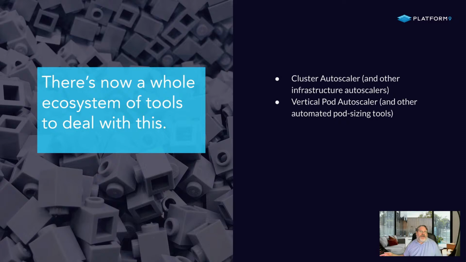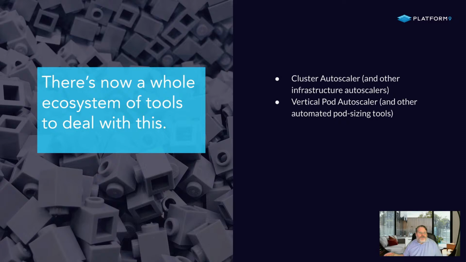I do know that there is some sort of integration within Azure to allow Carpenter to be used with AKS. I don't really know all the details on that, but that's not an official upstream integration. As far as I know, the only official upstream integration is with EKS. So what Carpenter does is it just provisions a node of the exact appropriate size for those unscheduled pods, joins it to your EKS cluster, your pod schedules, and then you go on about your day.